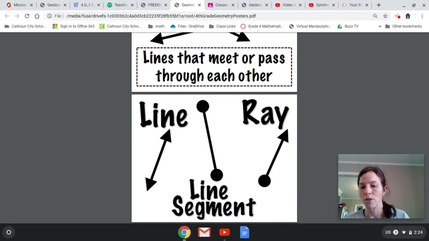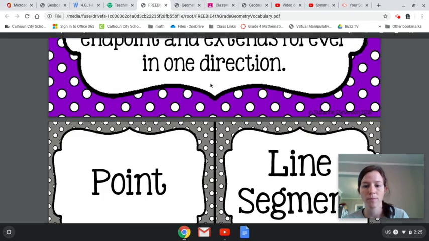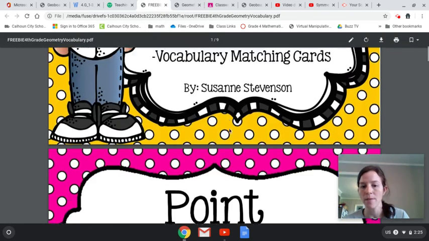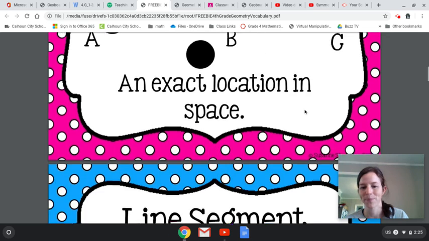Other things that you might see as a line has two arrows that go on continuously. A line segment has two endpoints, and two rays connect at the vertex to make an angle. More vocabulary. So another one that I asked them to do is a point, an exact location in space. So here's a point, here's a point, here's a point.